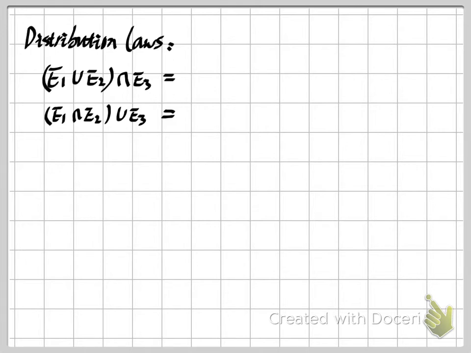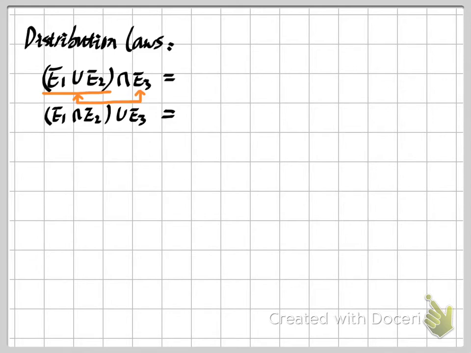In the left-hand side, you can see there are two equations. The first one, we use the parentheses to first compute the union of E1 and E2, and then after this we compute the result with the intersection of E3. So this is the order of our computing.